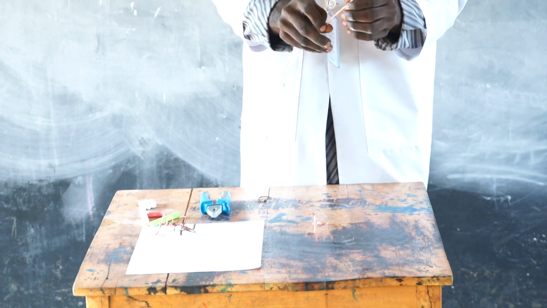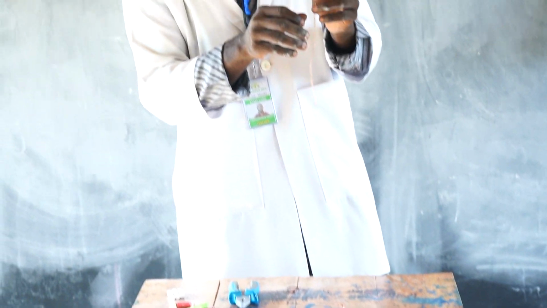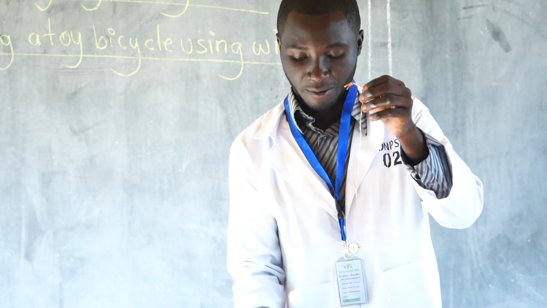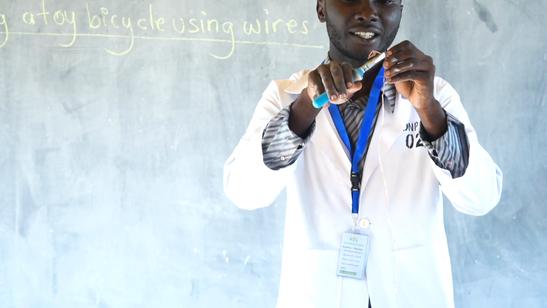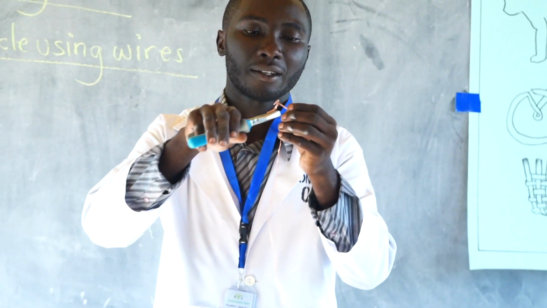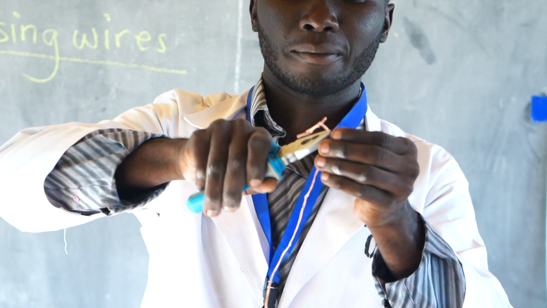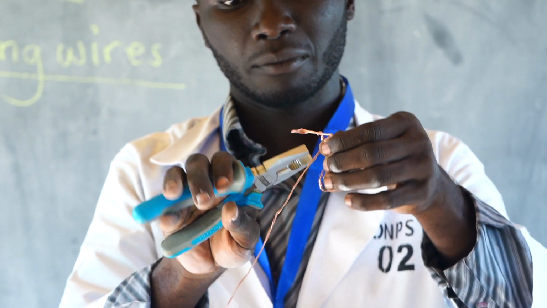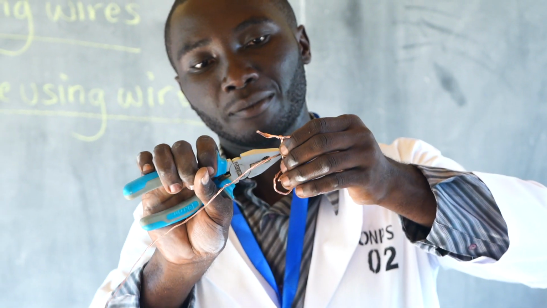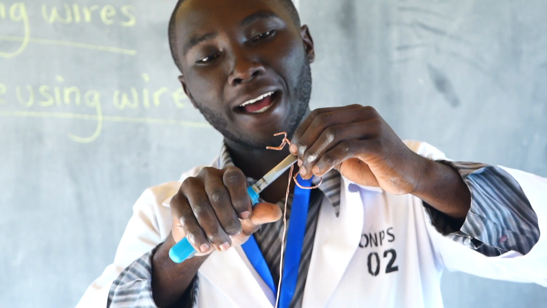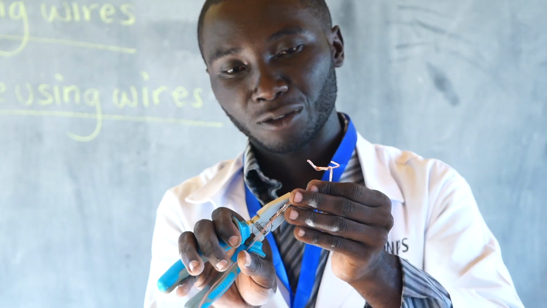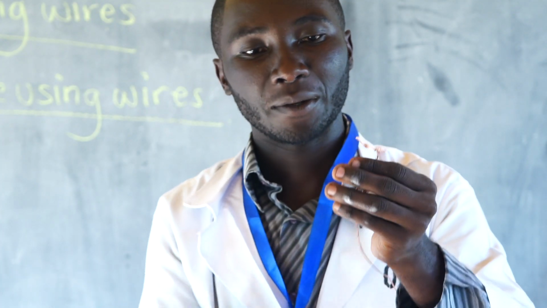Then step number 2, we are going to add a seat. We use our pliers to connect. When we need to fold, we have to make sure to be safe.